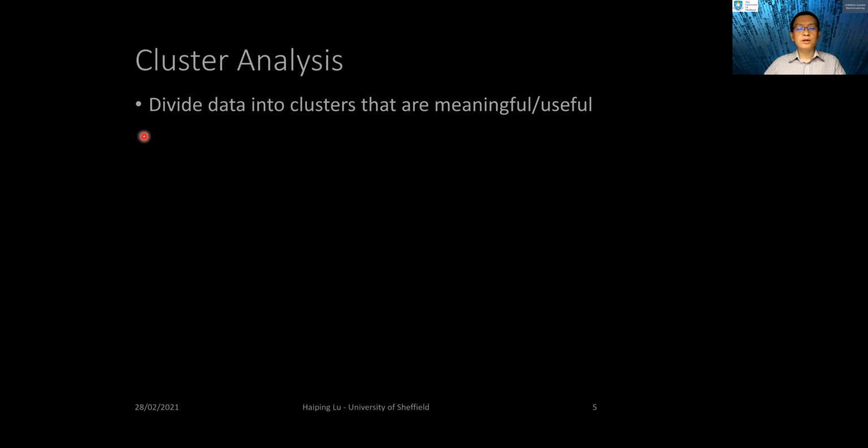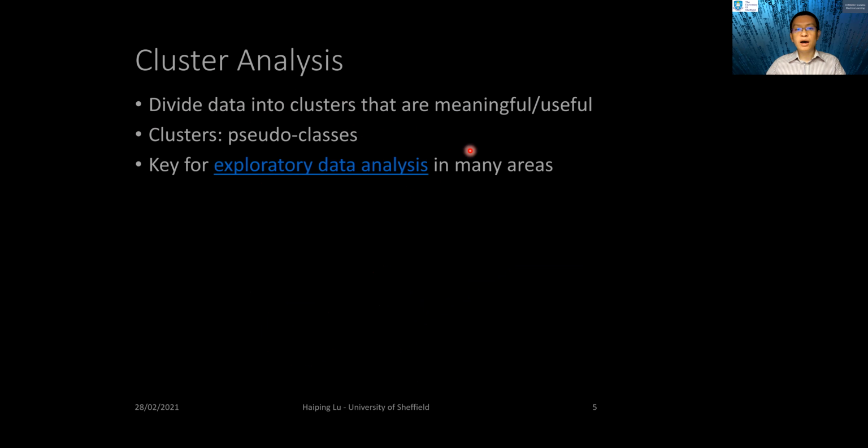So cluster analysis is to divide the data into clusters so that they will be meaningful and useful in practice. As we have seen, clusters can be viewed as pseudo classes. And they are key for exploratory data analysis in many areas.